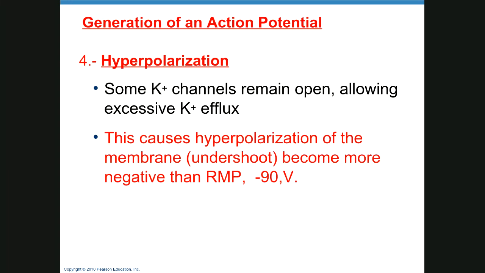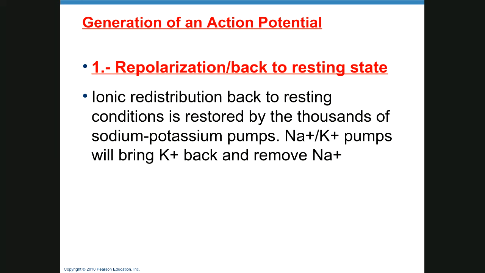Okay, so this is hyperpolarization of the membrane when it reaches minus 90 millivolts. It's more negative than resting state. Now, at minus 90 millivolts, all voltage-gated channels are closed.